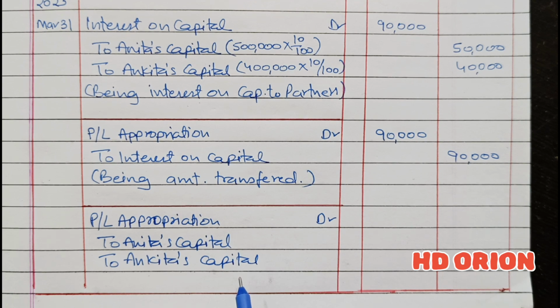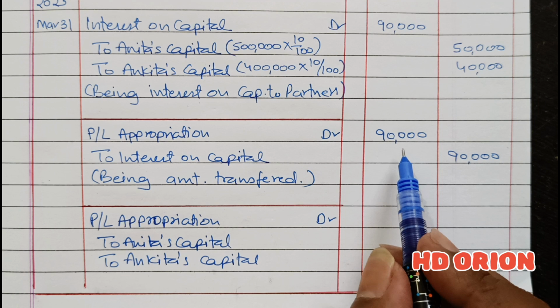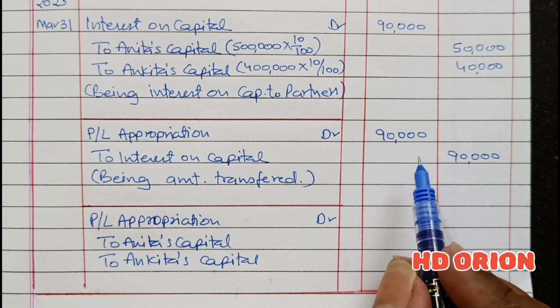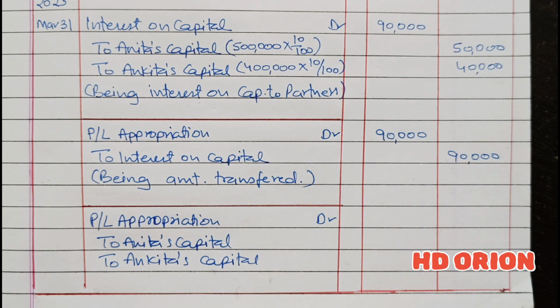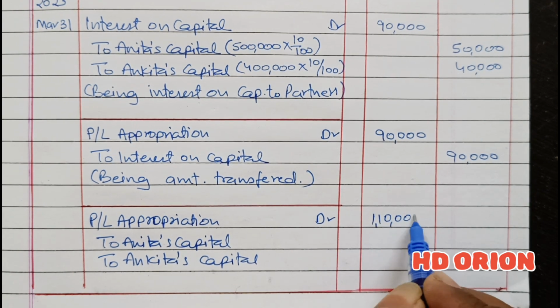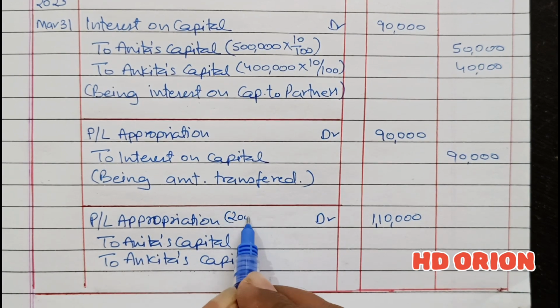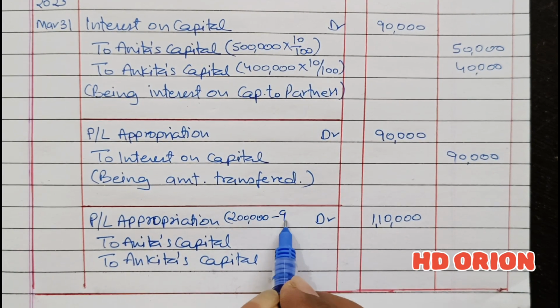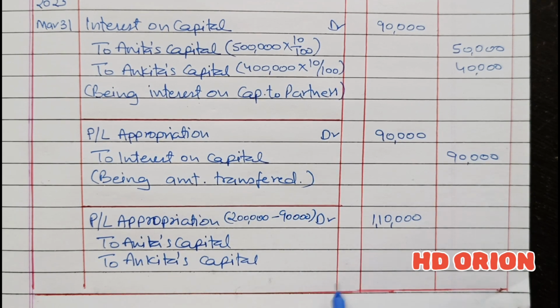The firm has earned a net profit of Rs 2 lakh. Out of 2 lakh, 90,000 is paid as interest on capital. So the remaining is how much? Rs 1 lakh 10,000. How? See, 2 lakh minus 90,000. It is 1 lakh 10,000.